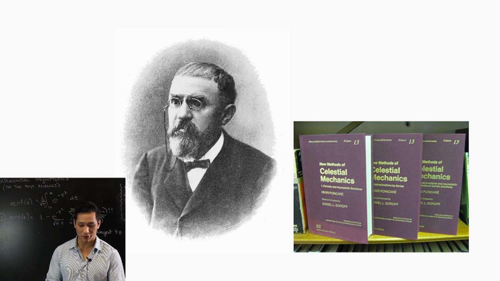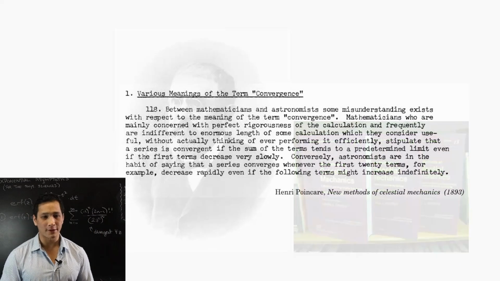That's what we're going to present today. These contributions were made primarily through three large manuscripts that he wrote, Part 1, Part 2, Part 3, on new methods of celestial mechanics to address the n-body problem, the problem of trying to understand the orbits of n point masses and modeling the planets.